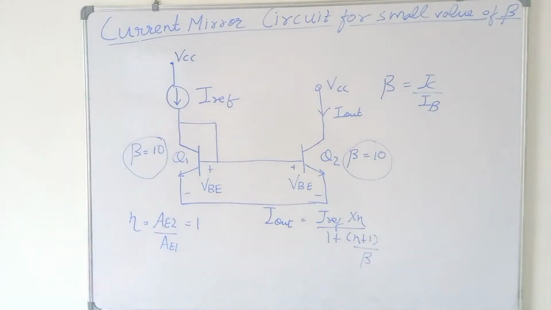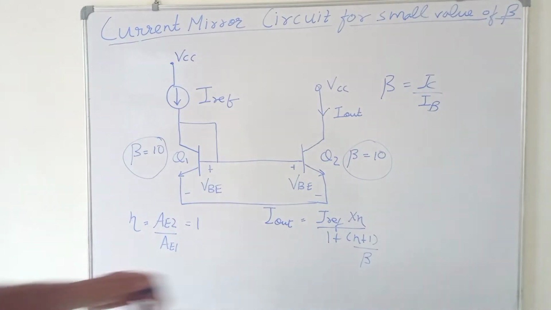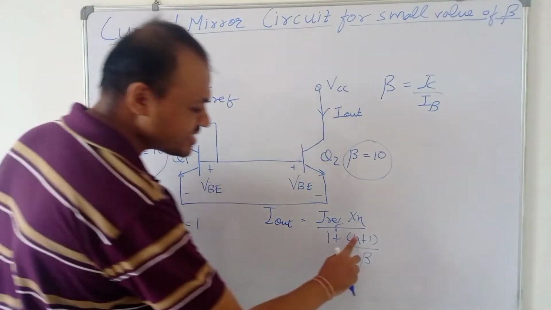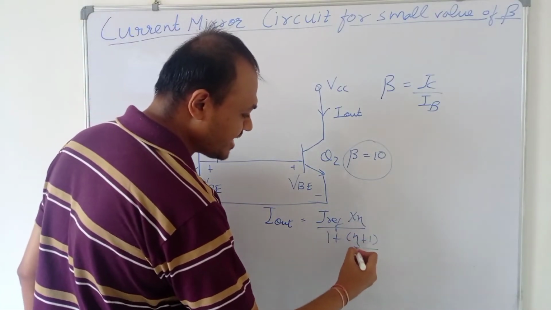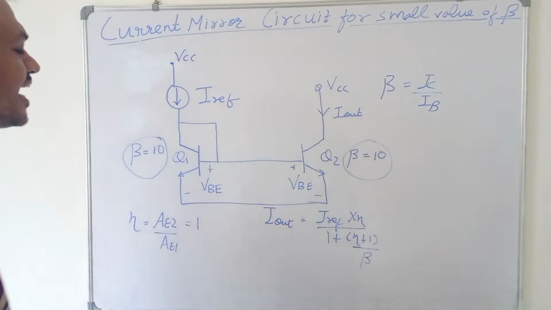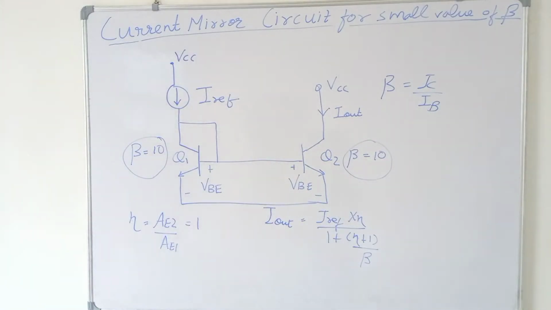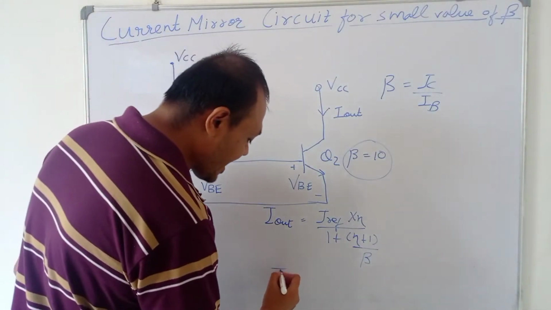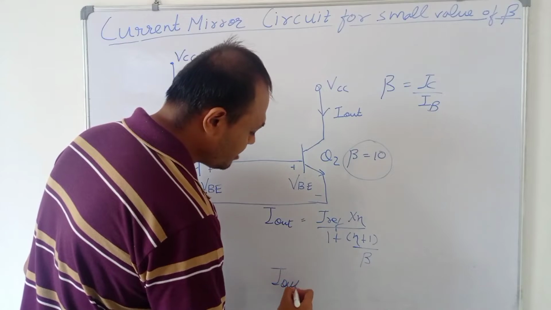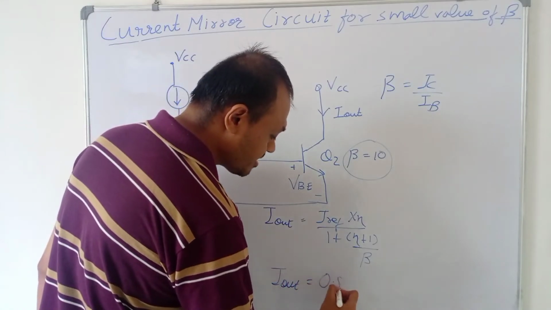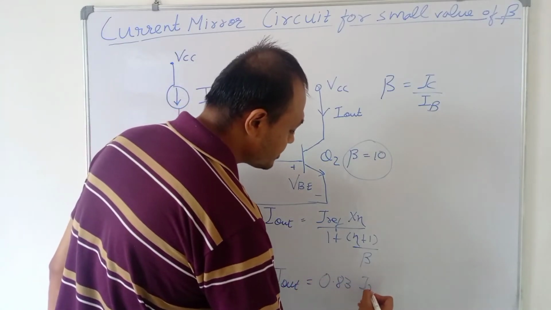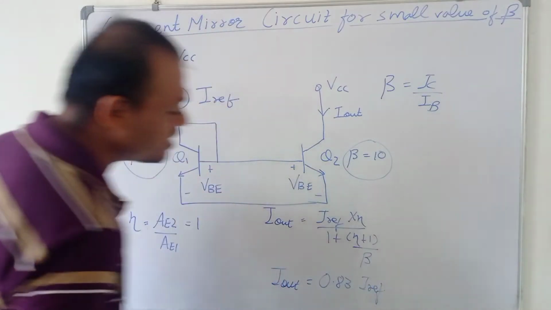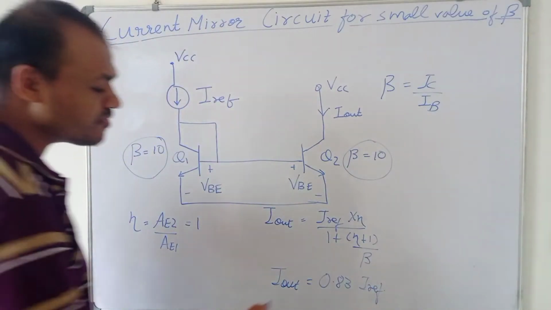If suppose eta is equal to 1 and beta is equal to 10, so I am taking beta equal to 10 for both the transistors and eta equal to 1, then I out will be equal to 0.83 of IREF.